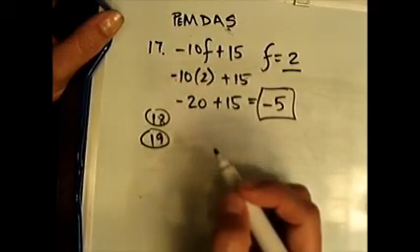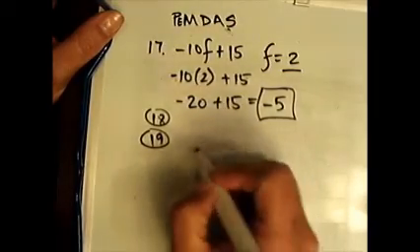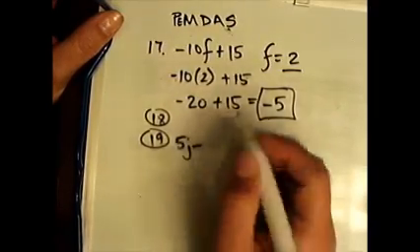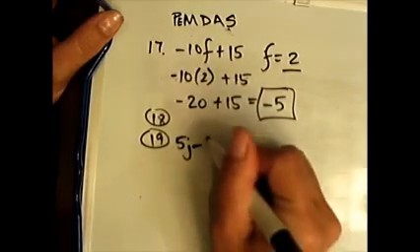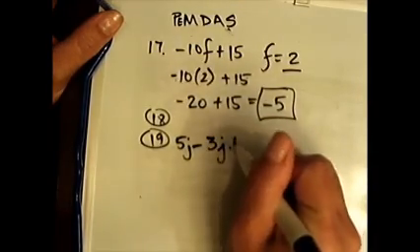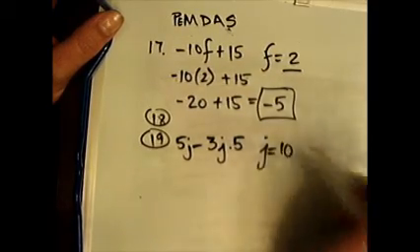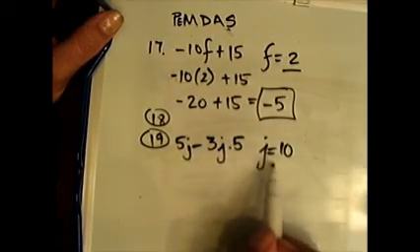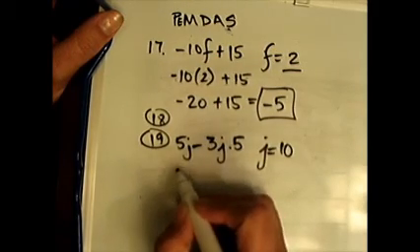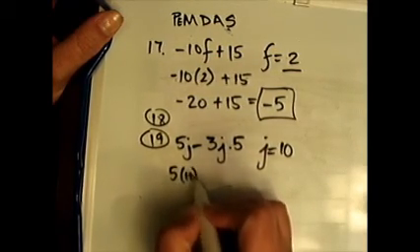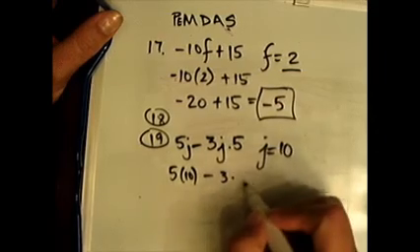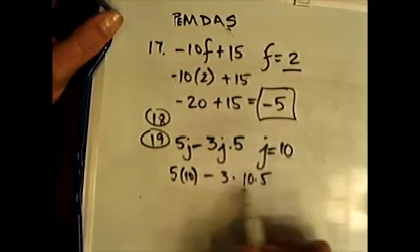Number 19, we have 5j minus 3j times 5. And that's when j equals 10. So, everywhere you see a j, put in the 10. 5 times 10 minus 3 times 10 times 5. So, we do the multiplication first.